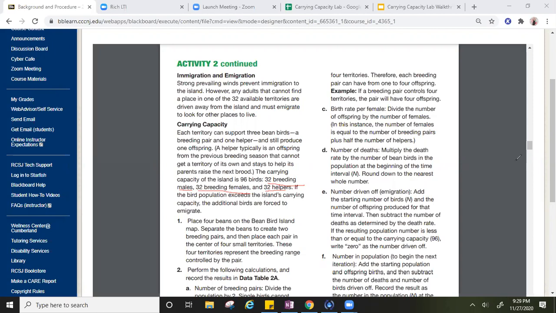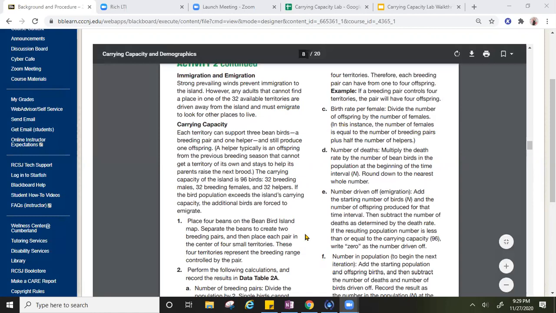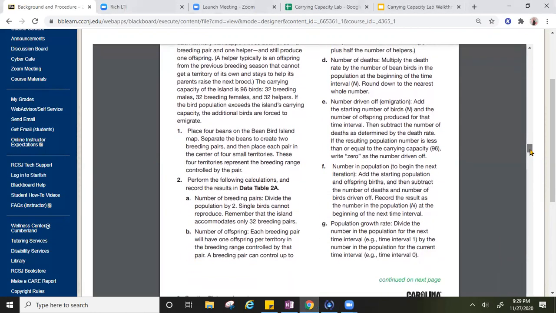So how do we start out? Well, we start out by putting 4 beans on Bird Bean Island on the map, just 4. So I'm going to show you how I did that and kind of walk you through what I did. So we have 4 beans on Bird Bean Island, and it says to place them in the center of 4 small territories.